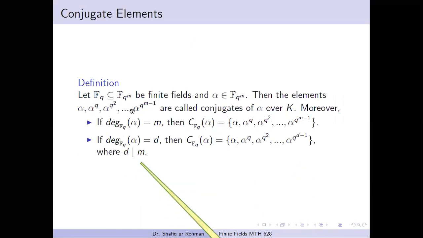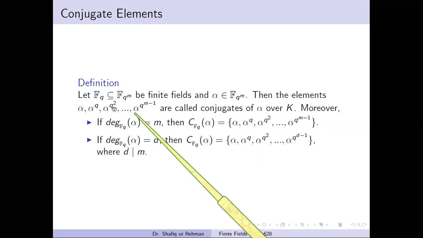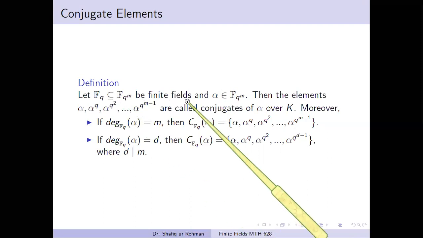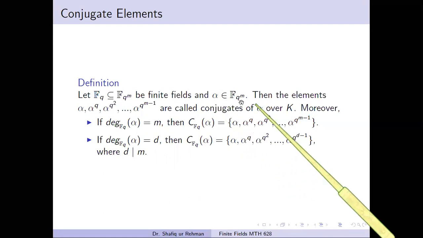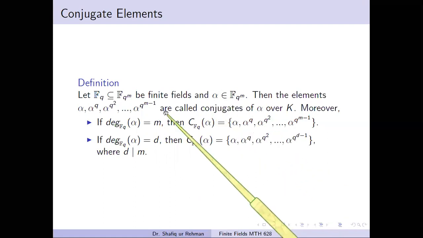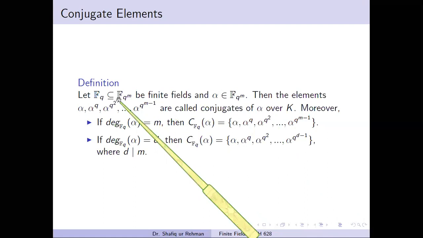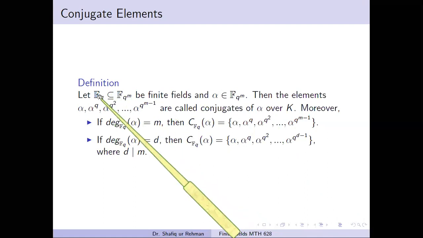we can now define the conjugate in case of finite fields. It is very easy to deal with conjugates in case of finite fields. They can be easily found. Let Fq be contained in Fq^m be finite fields, and alpha be any element in Fq^m. Then of course alpha will be algebraic over Fq.